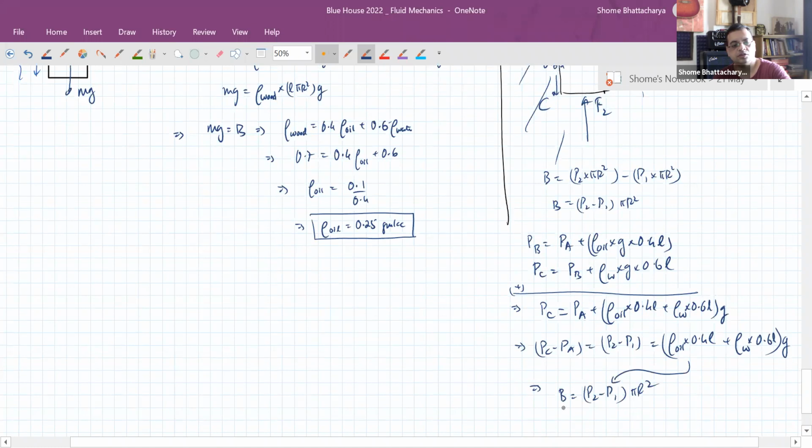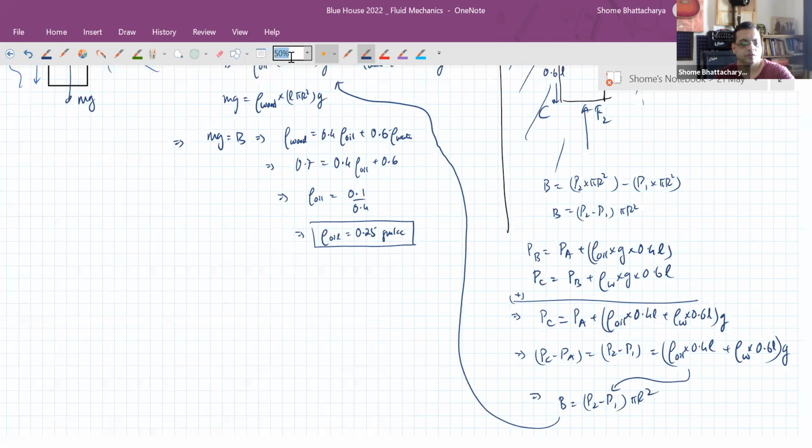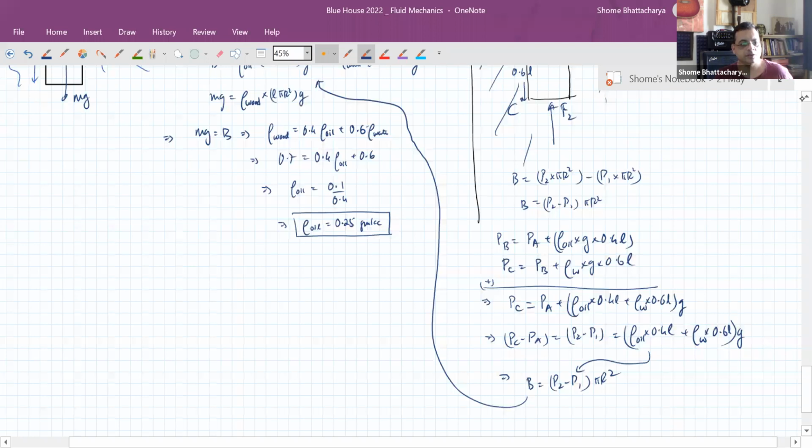When you substitute this here, you will get the buoyant force's value as what we wrote above. So that is the whole point of this question.